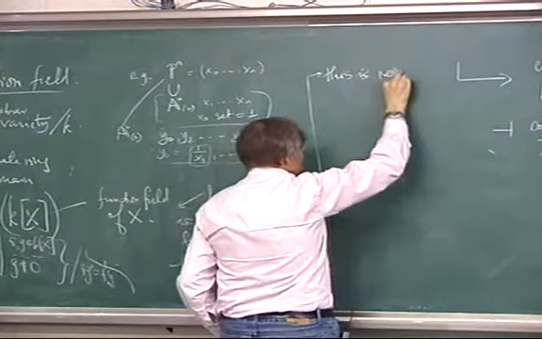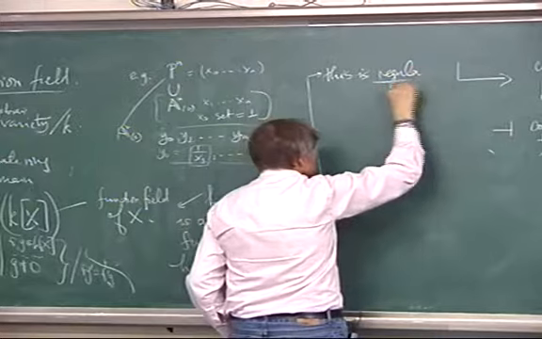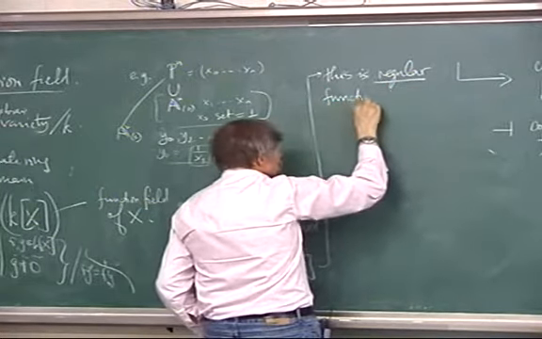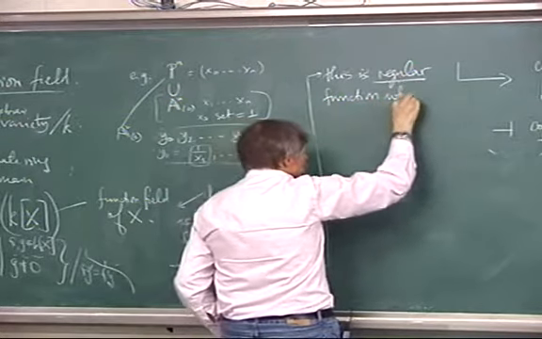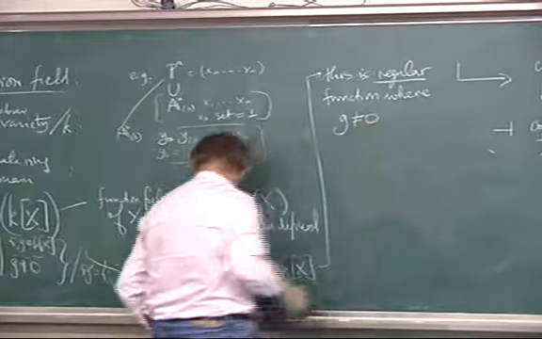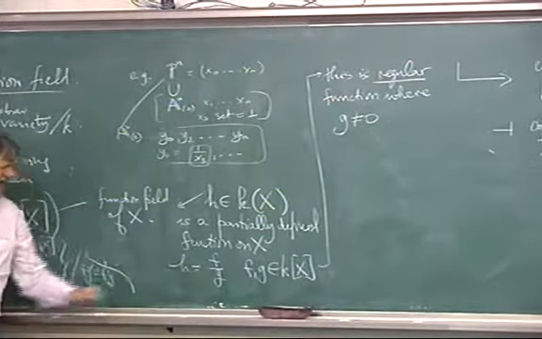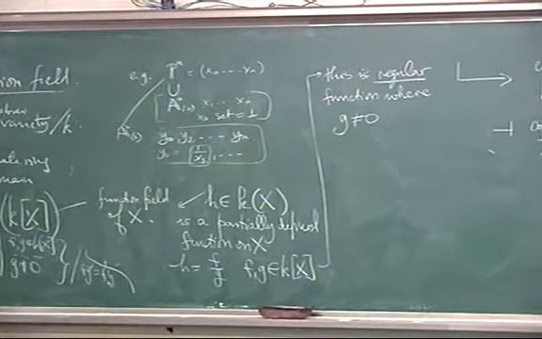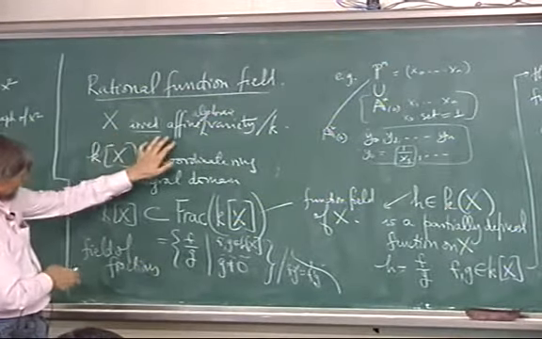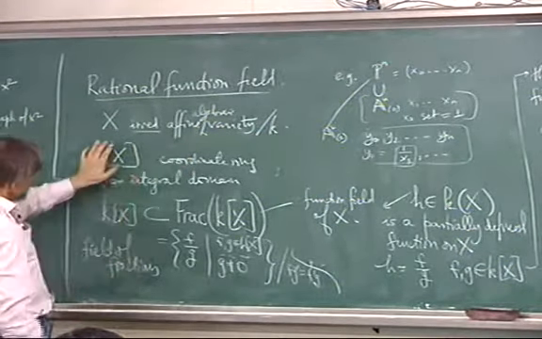So this is a regular function. This is a definition: a regular function where g is not equal to 0. I'm going to come back and make that slightly more precise in a while. So I've got an affine variety of the type I defined over there.